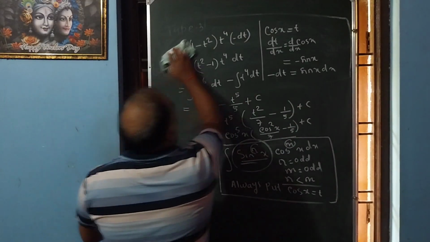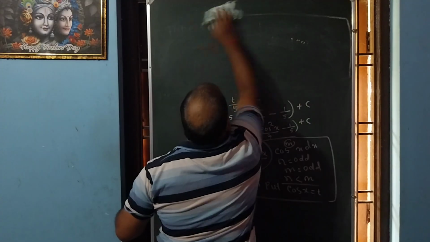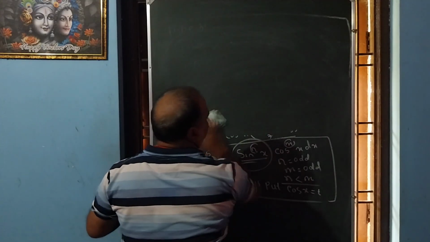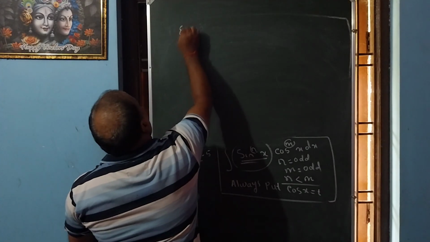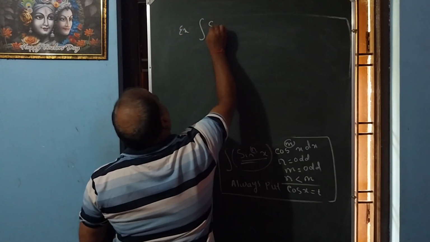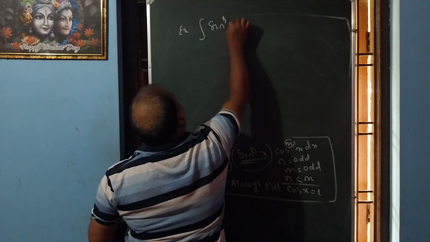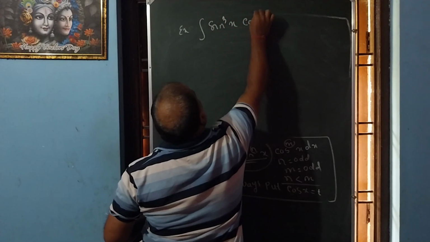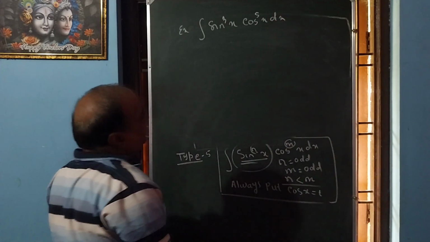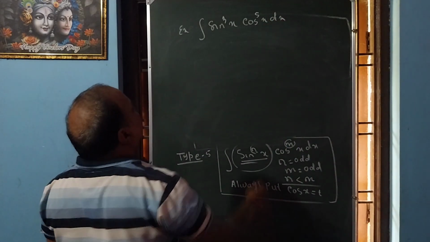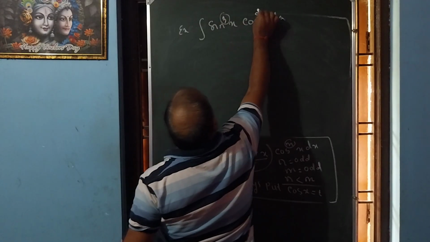Write down one example. So let us take one example: sin to the power 3 x cos to the power 5 x dx. Here you see 3 is odd and 5 is odd.